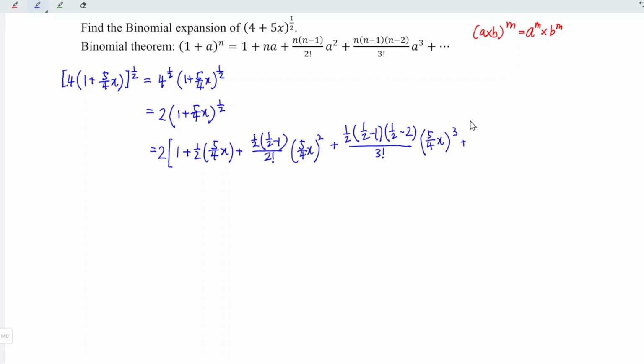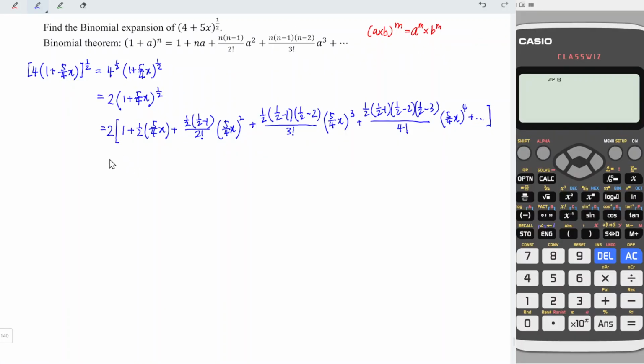And we add 1 over 2 minus 0, 1 over 2 minus 1, 1 over 2 minus 2, 1 over 2 minus 3, divided by 1, 2, 3, 4, 4 factorial times 5 over 4x to the power of 4, and so on, if we are asked to expand up to the term including x to the power 4.